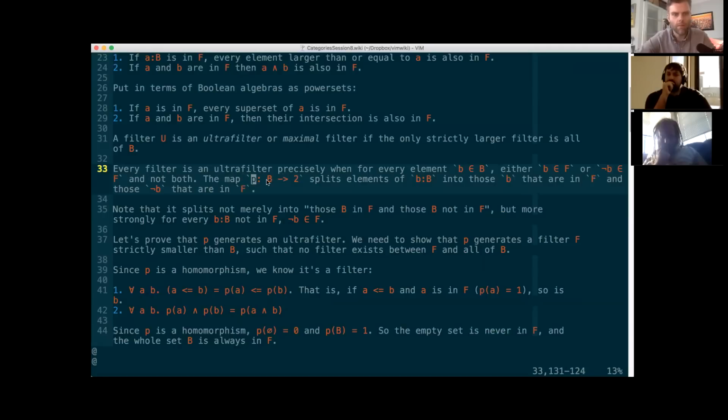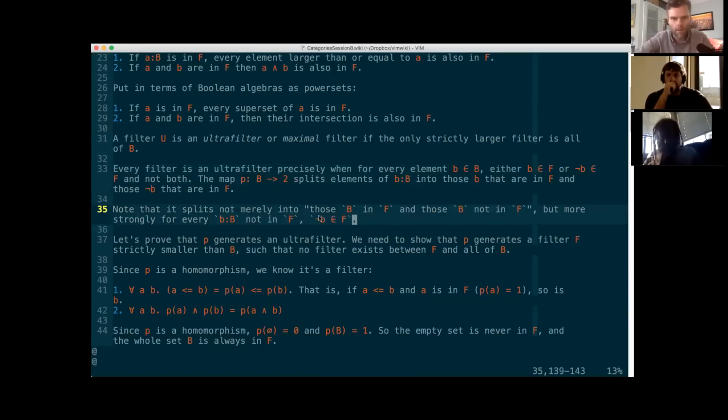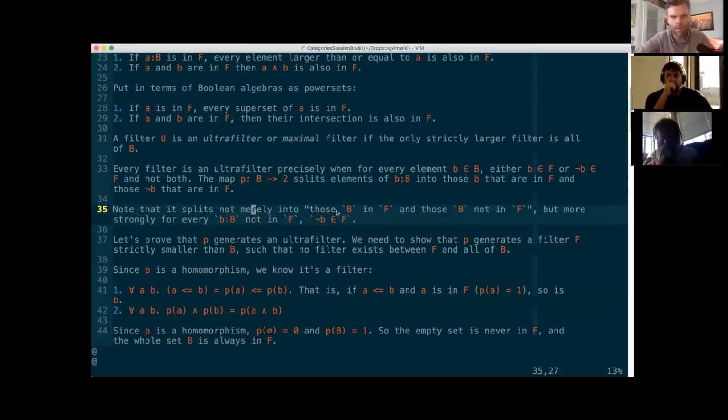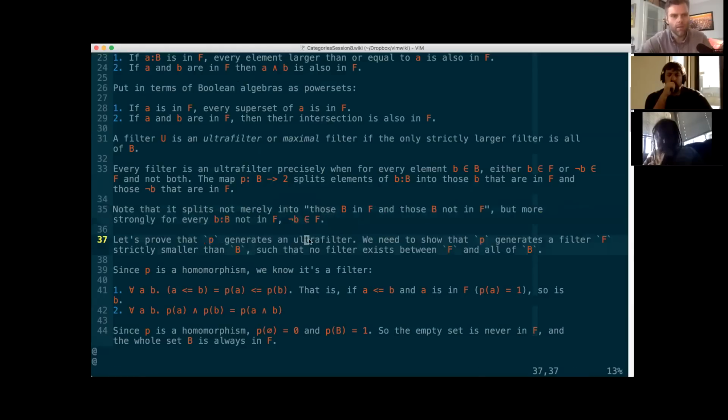So this map from B to Boolean, or B to 2, splits the elements of the set into those B that are in the filter and those not B that are in the filter. Okay, so here I made a note that it's not just those B in F and those B not in F, but more strongly, for every B, if B is not in F, then not B is in F.